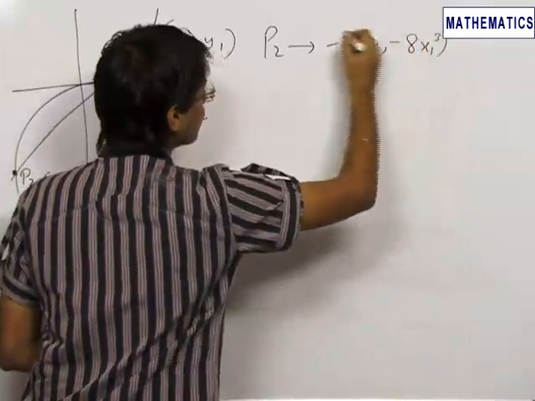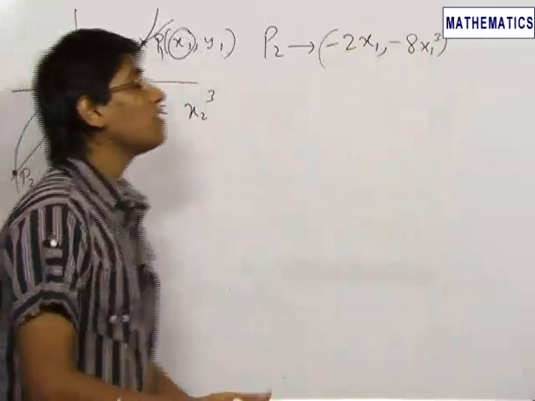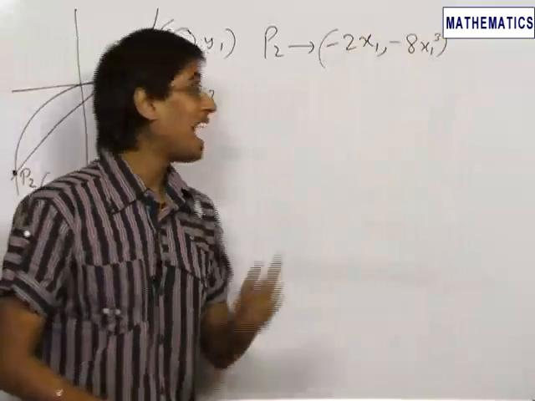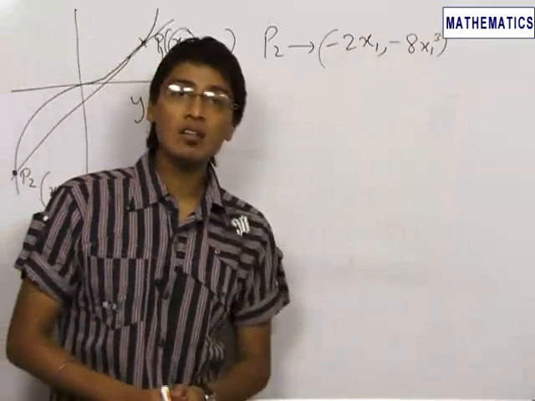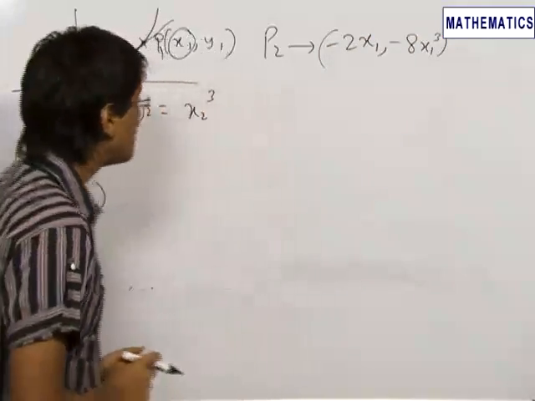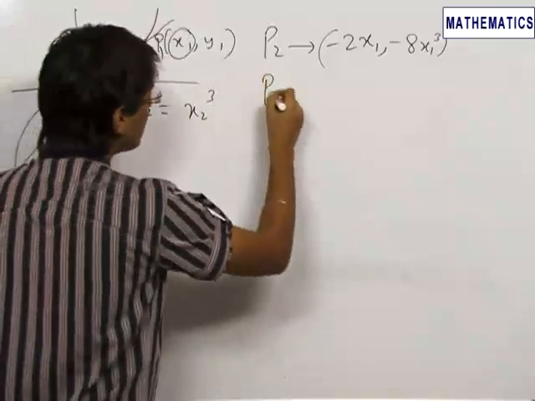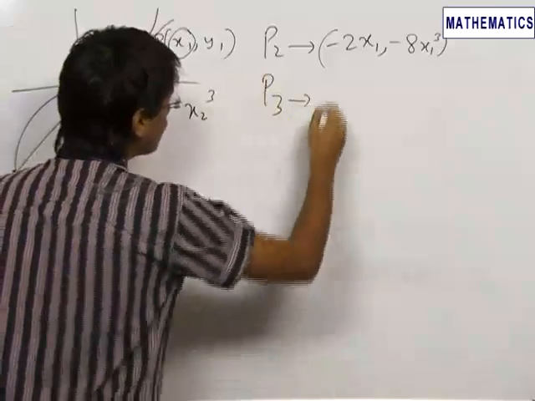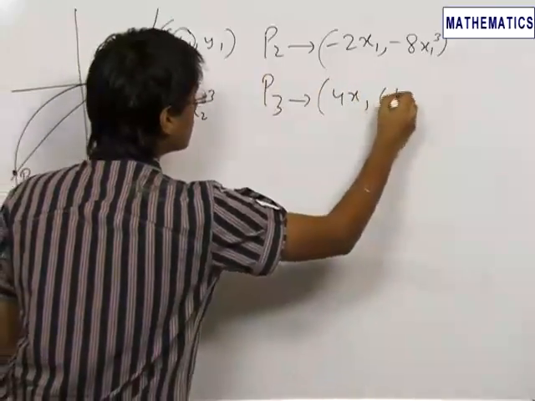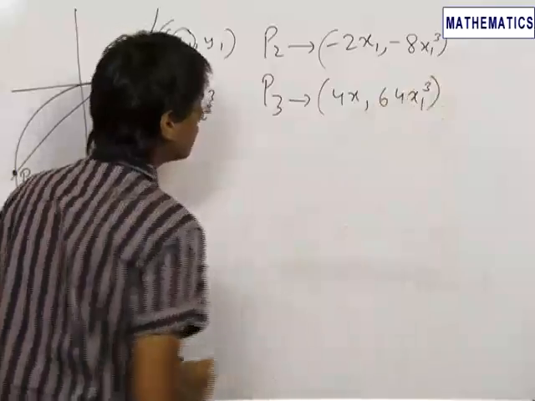8x1 cube. Now we are given that if a tangent is again made at the point P2, it will cut the curve again at the point P3. So doing all the steps again, we'll see that point P3 will come out to be equal to 4x1 comma 64x1 cube.